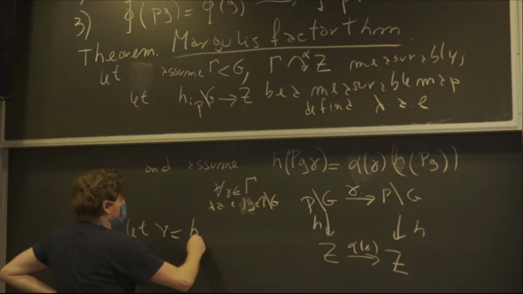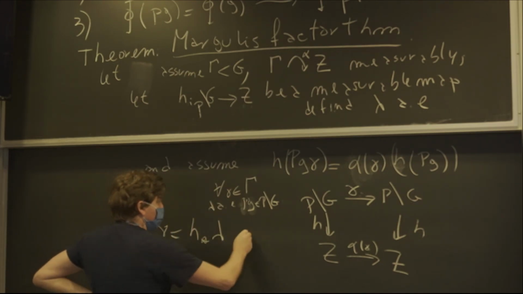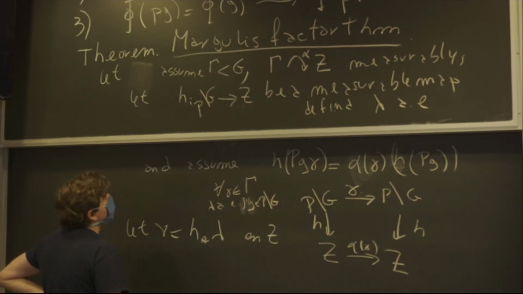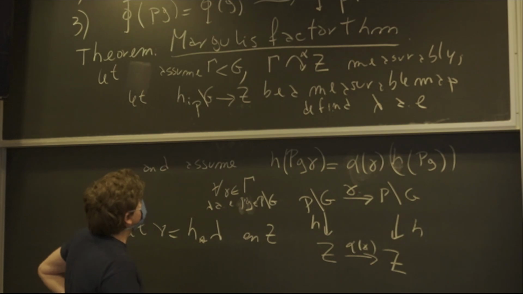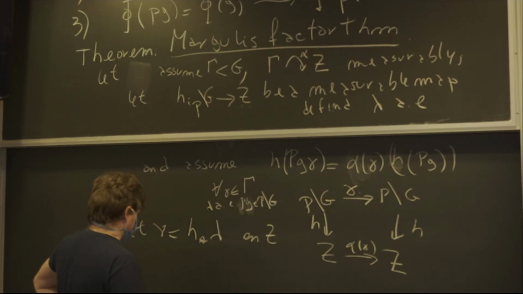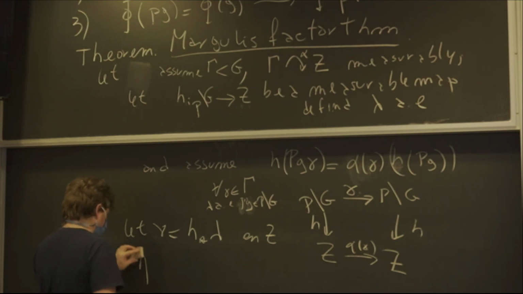So let nu be H star lambda. So now I project this measure on Z, and then the point is that there exists a map. Maybe I should have called this guy instead of H phi. So now I need a new letter. Eta. Why not? Even though eta I will leave for the gammas.